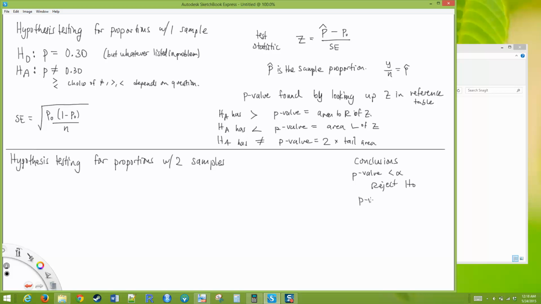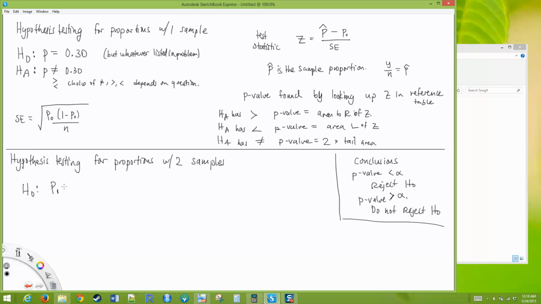And if the p-value is greater than alpha, do not reject the null hypothesis. This part, finding the p-value and your conclusions, applies to both hypothesis testing for one sample and for 2 samples. Let's talk about what you want on your note card for 2 samples.